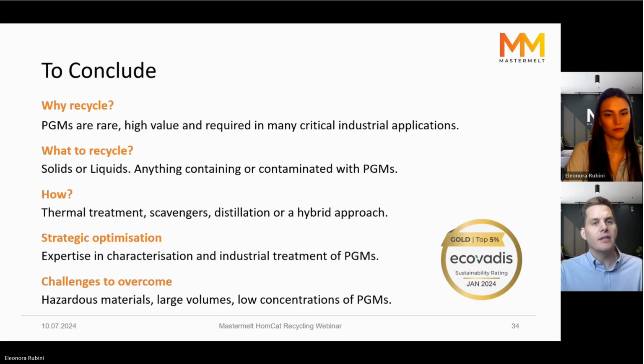But working with us, we're able to, as I said, characterize the material and come to a solution which is economically viable and in the long run worthwhile to not only the environment but to get some monetary value back. And we know that the materials are hazardous, so our team are here to help with moving the material across borders and making that as easy and as stress-free as possible.